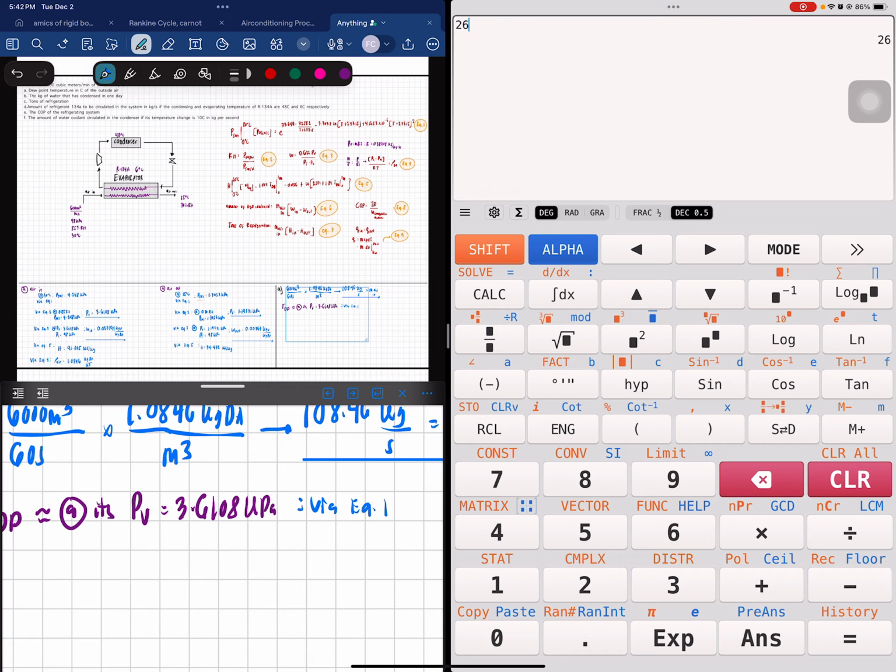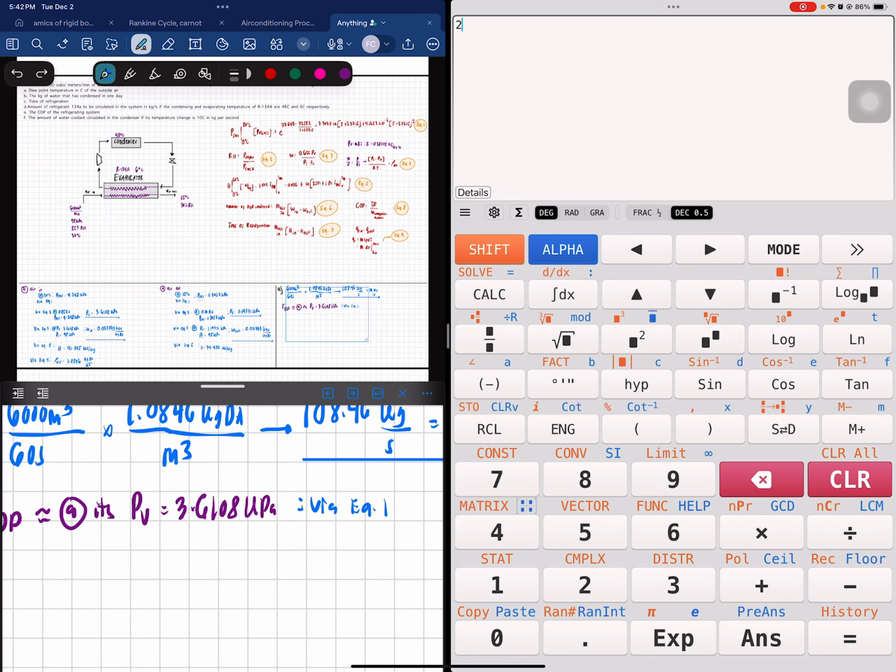Let's try 26. 3.364 still doesn't fit our 3.6108. Let's try 27. 3.568, quite close.